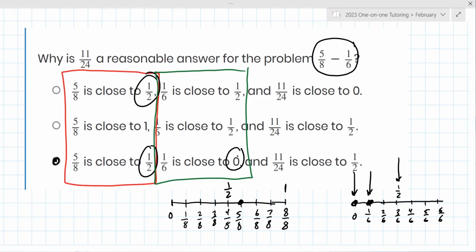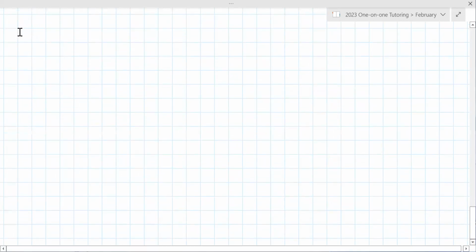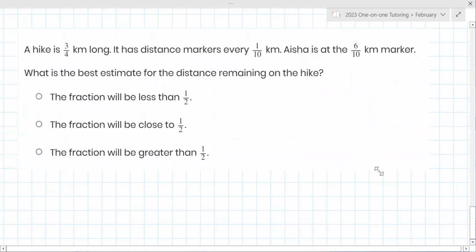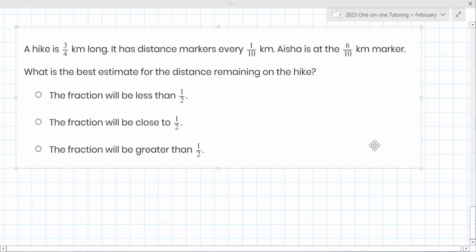All right, so here is number 5. This one's kind of the same. Let me get it snipped in here. A hike is 3/4 kilometers long and has distance markers every 1 over 10 kilometers.